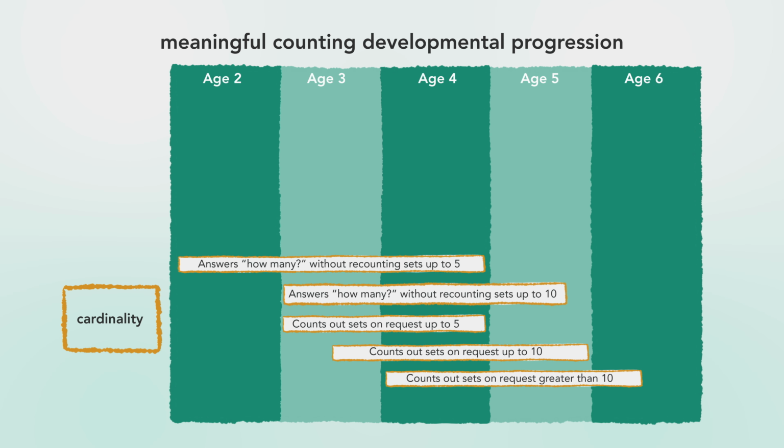The developmental progression for meaningful counting includes these further stages in the development of cardinal understanding to remind you of the difficulty posed by the counting out tasks. Reserve them for when you want to add challenge for a student.